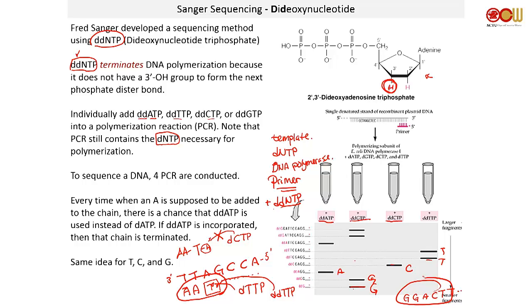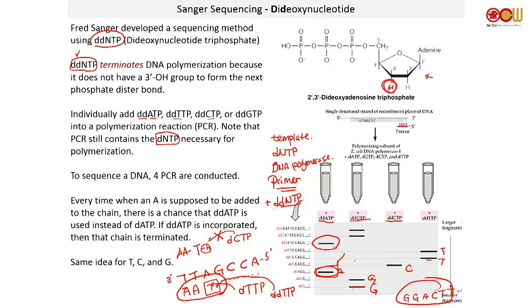So this is Sanger sequencing. By using ddNTP, you can terminate the chain, and every time you terminate the chain, you're left with a particular segment of DNA. Now, you're probably wondering, wait a minute, if you have ddATP in this case, and it terminates it here, then how come you still have this longer product?